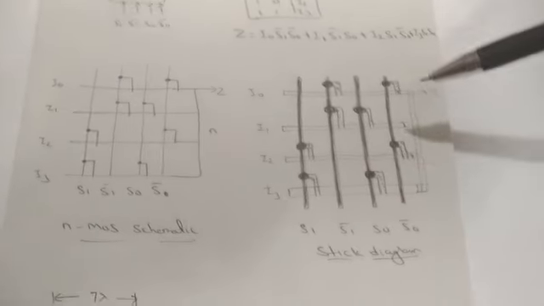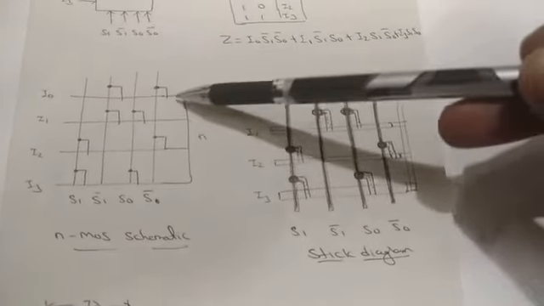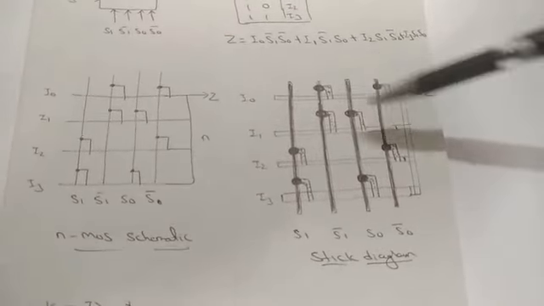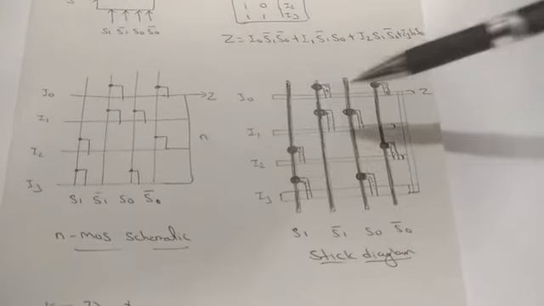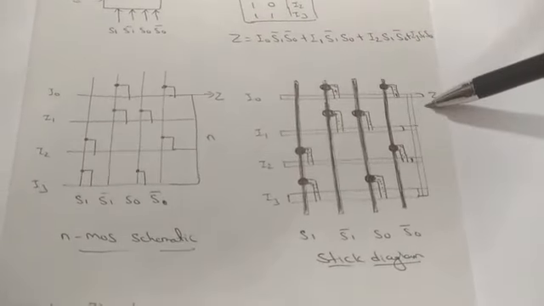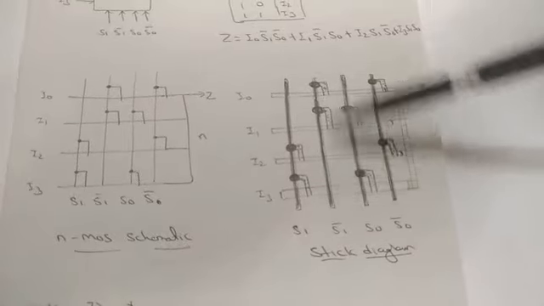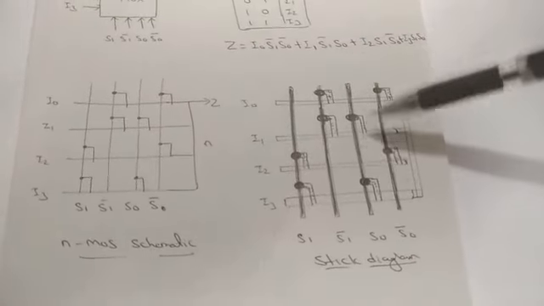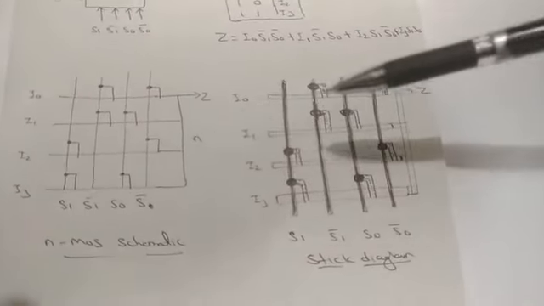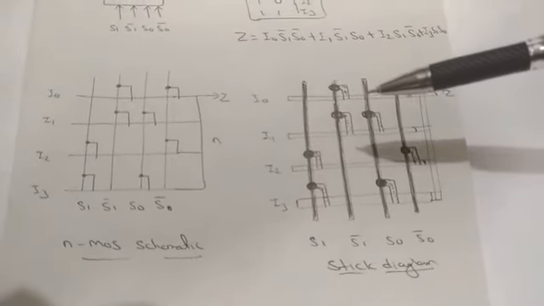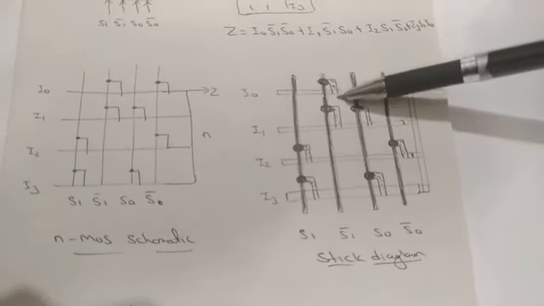Next, this one represents the first stick diagram. Since it is a drawing for the NMOS, you can consider it as n plus diffusion, and the select lines are connected using metal lines. The connectors are made using polysilicon, that is your gate region.